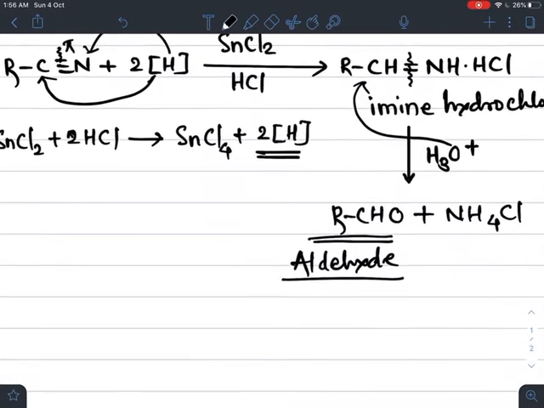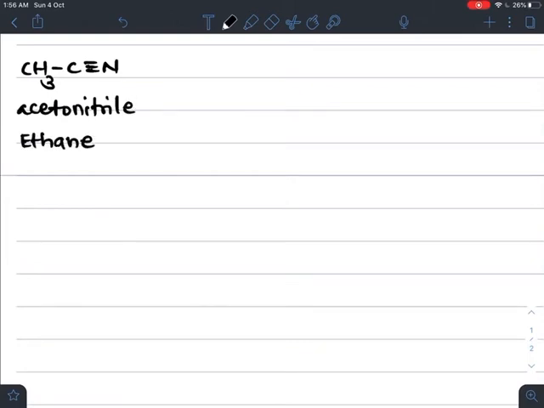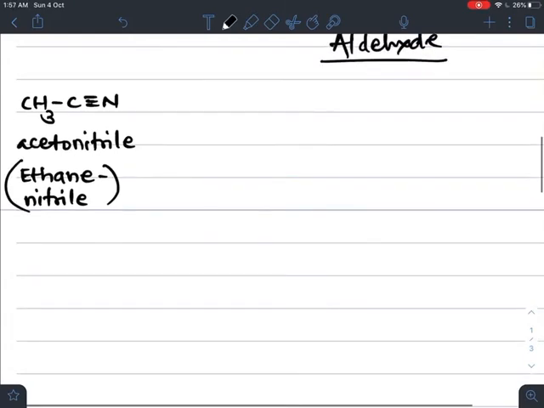Now if we take an example, the first example of cyanide is CH3C triple bond N, acetonitrile. This is the CH3 group along with CN, so its name is acetonitrile, or its IUPAC name is ethane nitrile, where the 2 carbon alkane ethane is used with the suffix nitrile, or methyl cyanide.